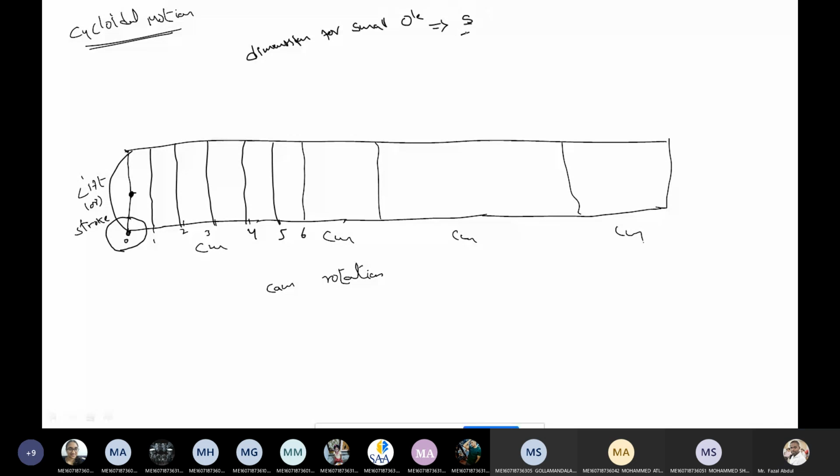S is the stroke length or lift that will be given in the question. 2 pi is 2 into pi, 3.14. Whatever answer you get, draw one small circle with that dimension here.